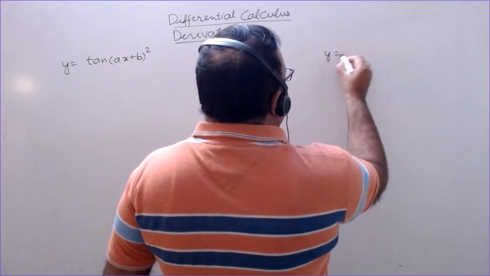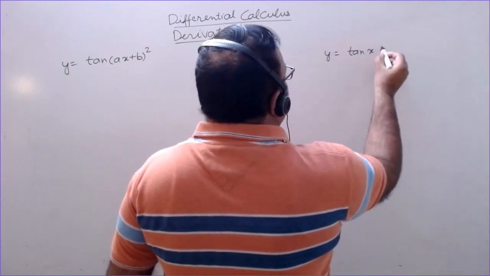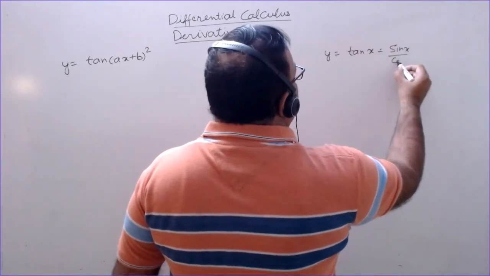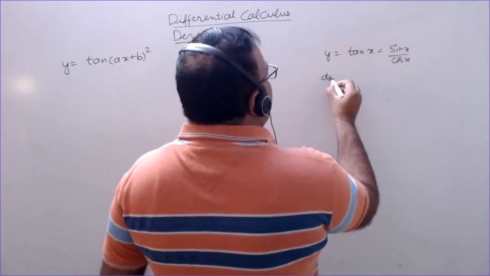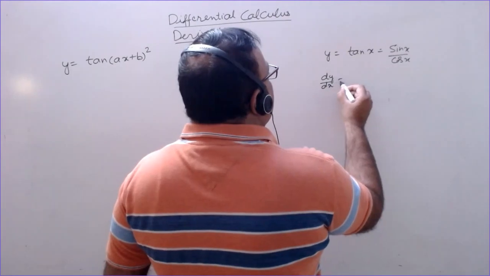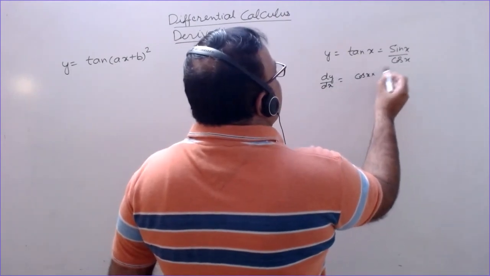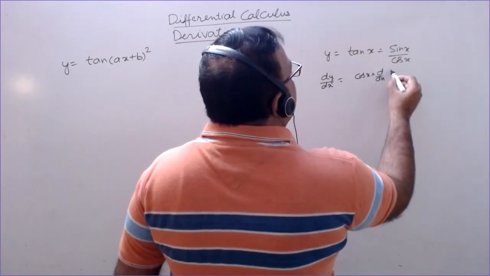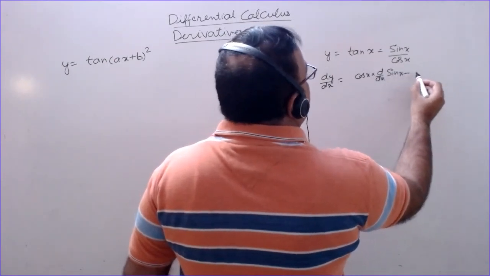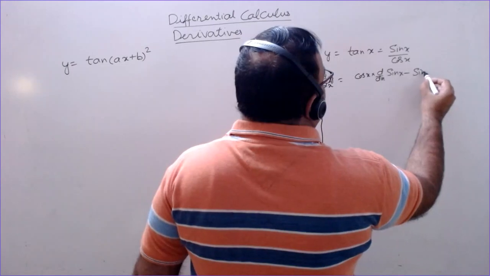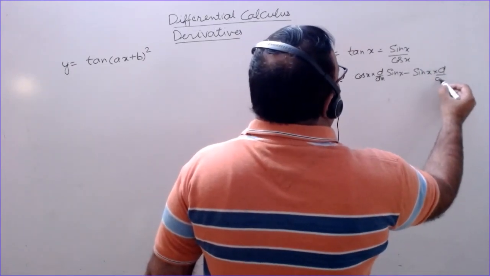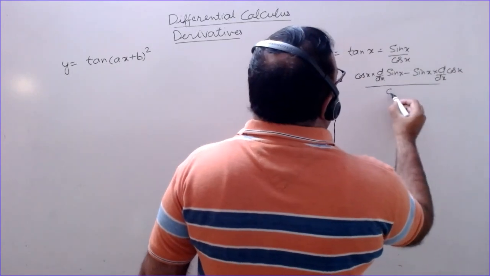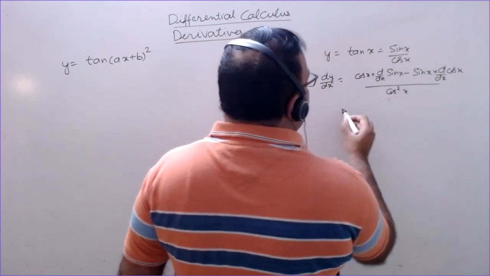So y is equal to tan x. I am just writing the tan x derivative. It can be written as sin x by cos x, which is u by v. dy by dx is v into the derivative of sin x minus sin x into the derivative of cos x, divided by cos square x.